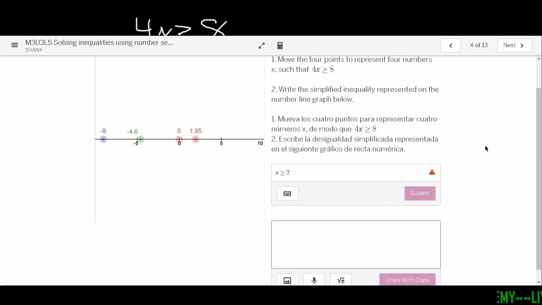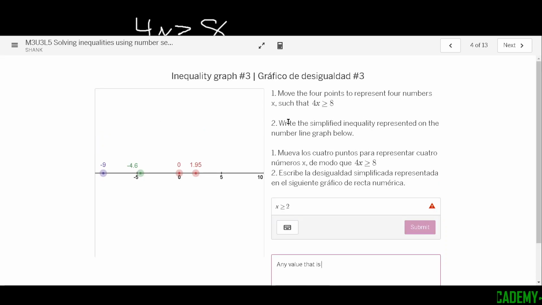So I can say any value that is less than, or sorry, actually that's why I said greater than, so let me actually fix that. So that's why I type it out, because I want to make sure I'm doing it right. So I actually go to the right, so I need to have values greater than 2. So there's some options there.